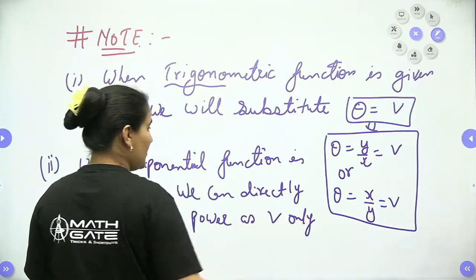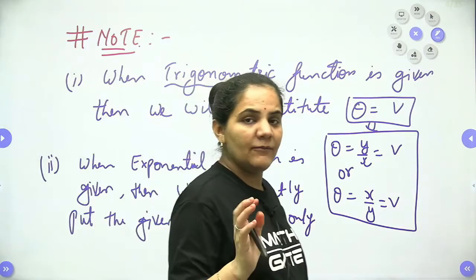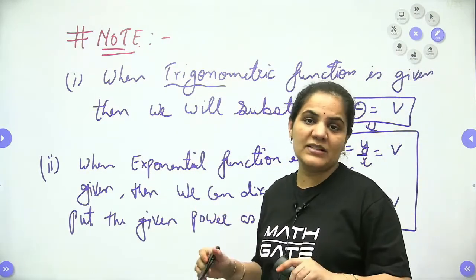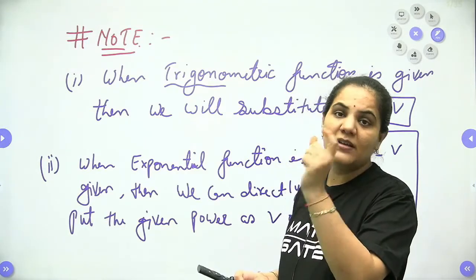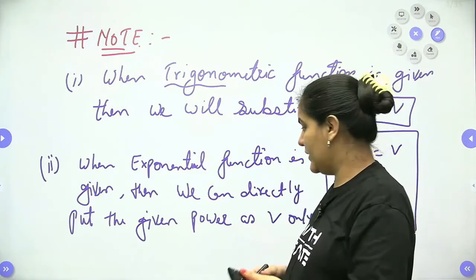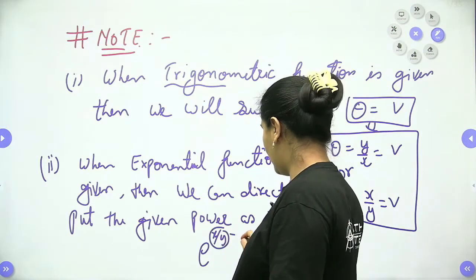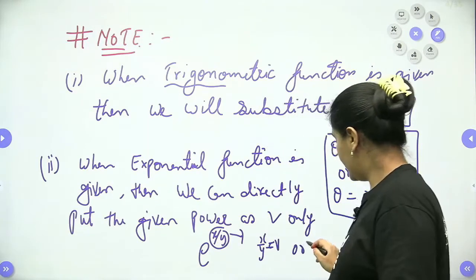Whatever is given in the power, whether it is y by x, you will put y by x as v, whether it is x by y, you will put x by y as v. Means whenever you have an exponential function, just focus on the power of that exponential function. Suppose you have e to the power x by y, then you have to just put x by y equals to v.